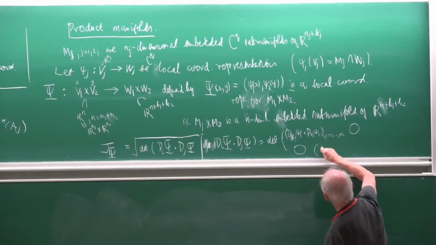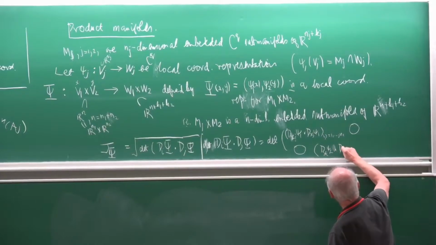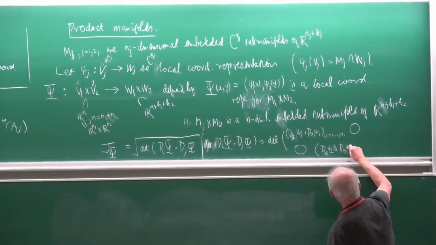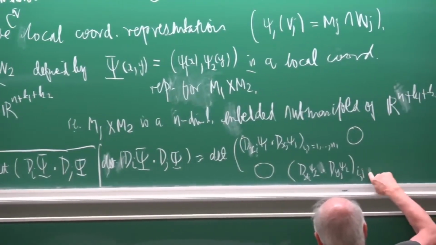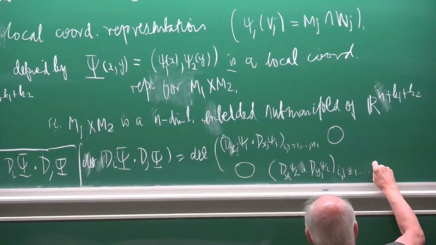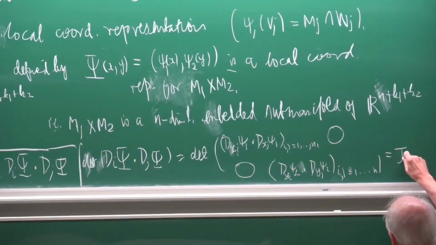And down here we get the y derivatives, again an n2 by n2 matrix: d_yi c2 dotted with d_yj c2, and again ij goes from 1 to n2. Take the determinant. Well, that's just the product. It's just Jc1 squared times Jc2 squared.